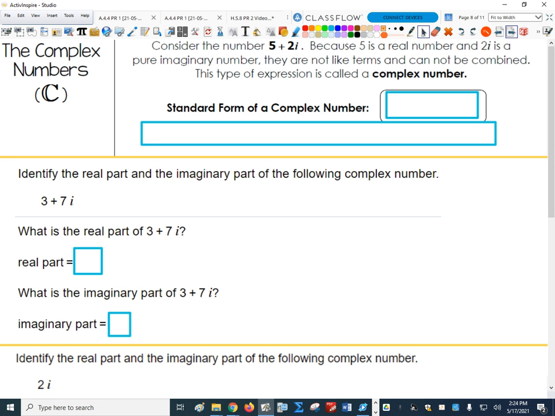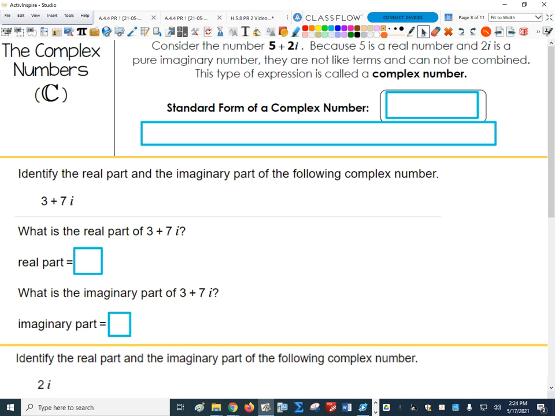If you looked at the set of all numbers, there are far more numbers that look like 5 plus 2i. They've got both a real number plus a pure imaginary number in the same number. These are called complex numbers.